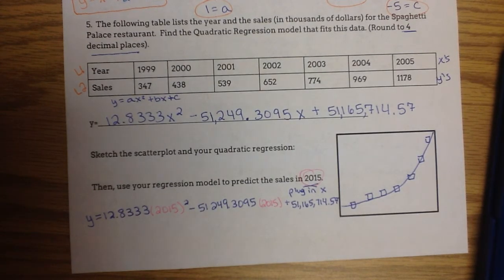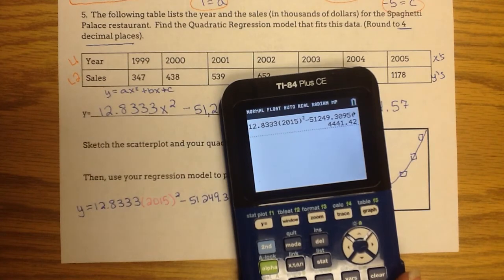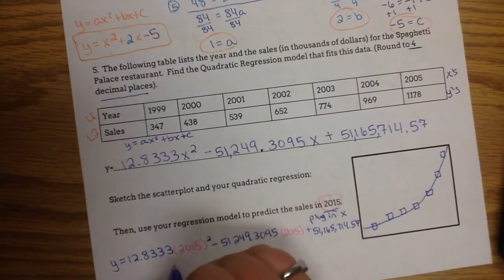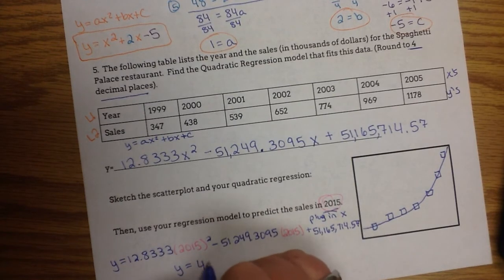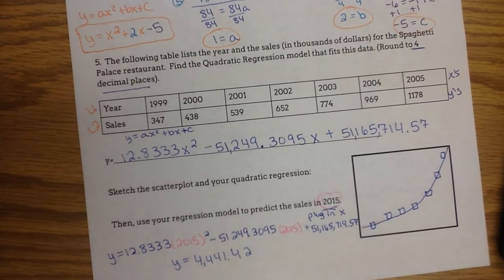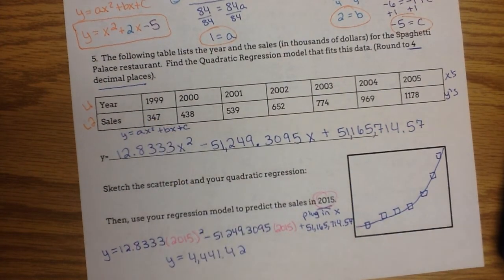Oops, made a mistake. Okay, and I get 4,441.42. So y equals 4,441.42. So what does that mean? Well, this number is going to be our y, so it's going to be sales.